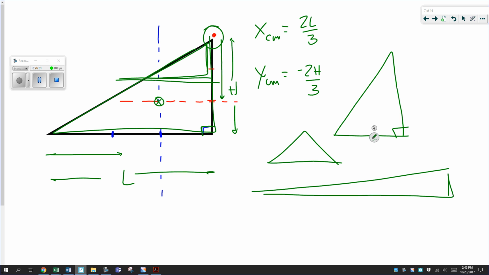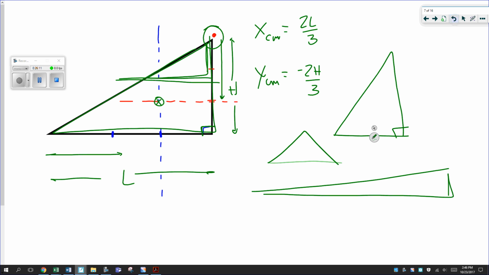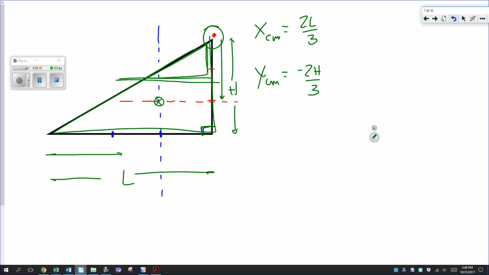We couldn't do this otherwise. Yeah, any right triangle. You now know where the center of mass is, which is great. I mean, is it great? I don't know. It's not great, but guess what? You can use this fact in some different harder problems, and that is great. Okay, see you soon.